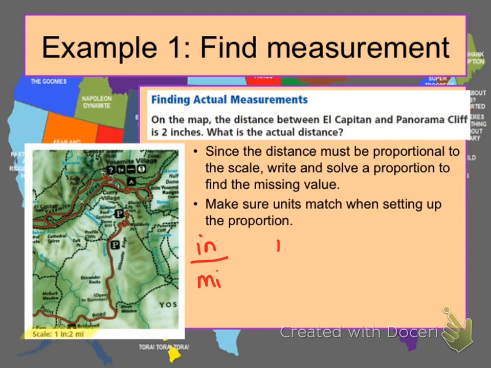So our scale would be 1 to 2. Our proportion then, because what they gave us is that on the map it is 2 inches, has to be in the numerator, and we can solve for x. So x would be equal to 4 miles in this case. And we'll have more opportunities to solve problems like this. So I'll give you a minute to write down those equations.